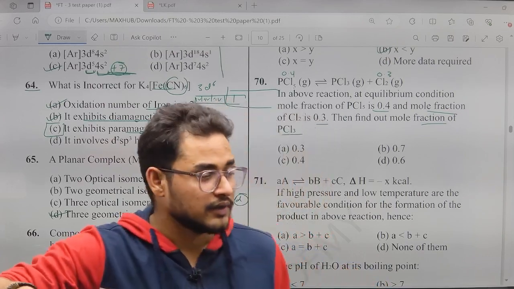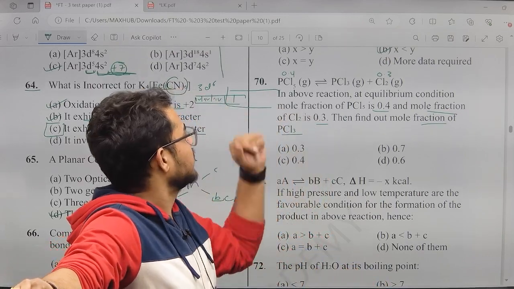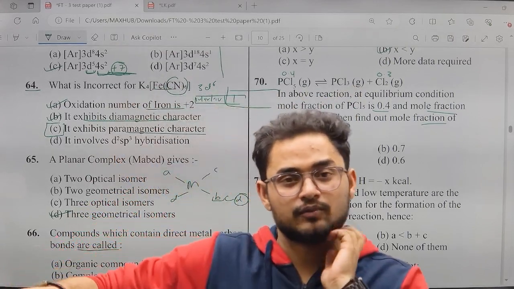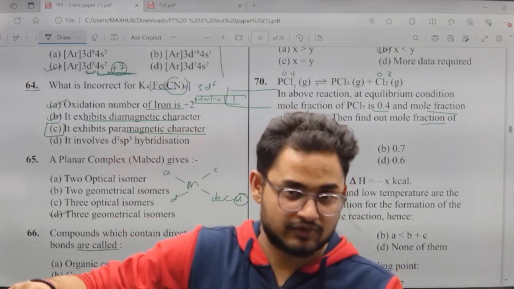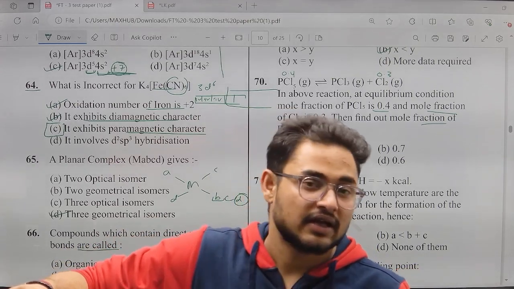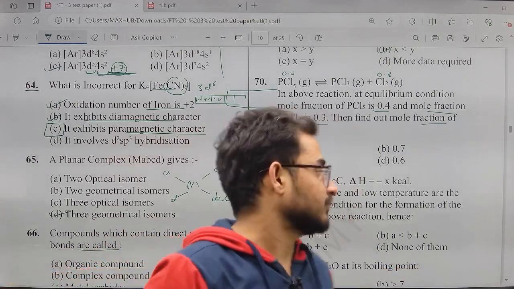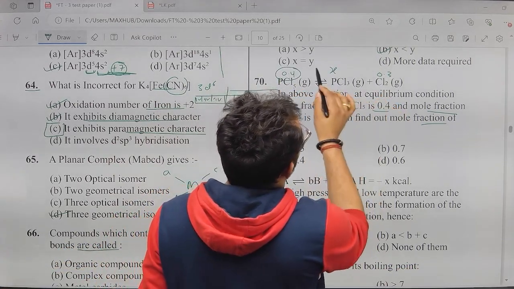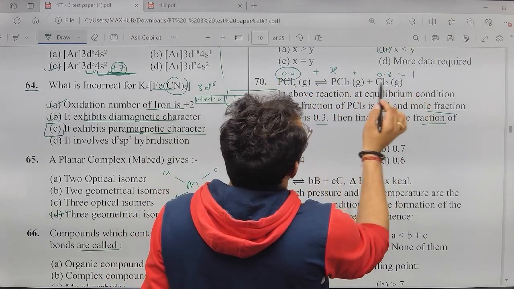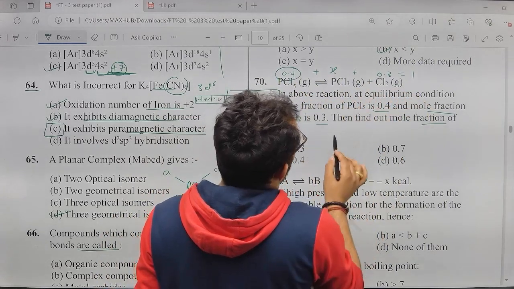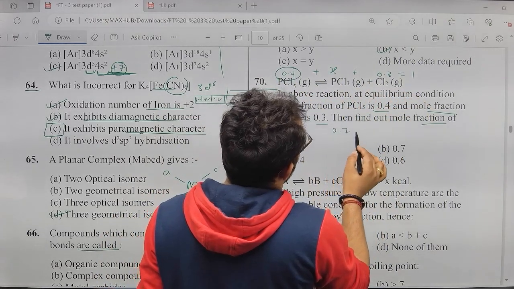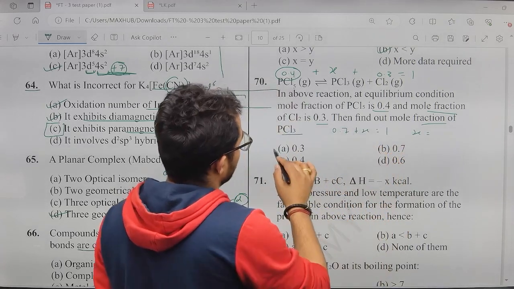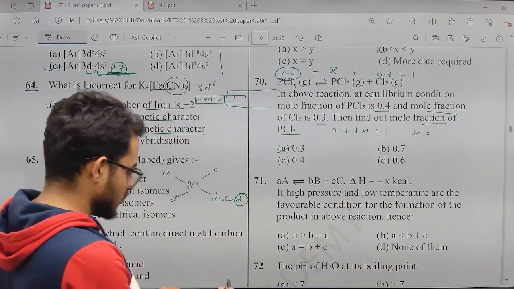There are 3 species at equilibrium, PCl5, PCl3 and Cl2, and we know that the sum of the mole fractions of all the species is always equal to 1. So 0.4 plus x plus 0.3 equals 1. So 0.4 plus 0.3 is 0.7, plus x is equal to 1, so x will be 1 minus 0.7, that means 0.3. It will be the right answer for this question.